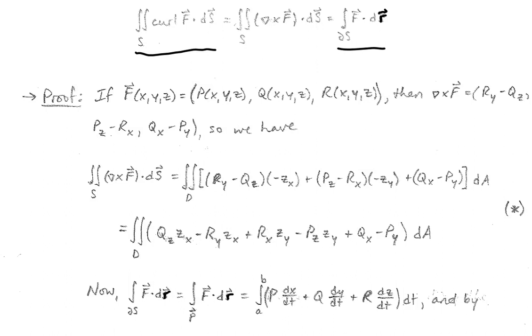Once again, keeping in mind that we're doing this proof assuming that our surface is a function of two variables, we get R sub y minus Q sub z, that quantity times minus the partial of z with respect to x, and so on and so forth.